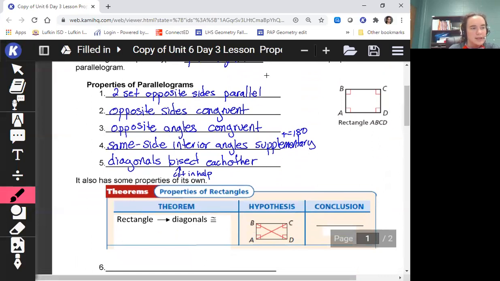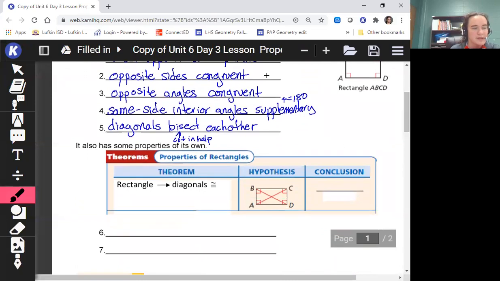Then our properties that are specific to a rectangle. First off is the definition of a rectangle, that it has 4 right angles at the corners. And please remember that these are only at the corners.